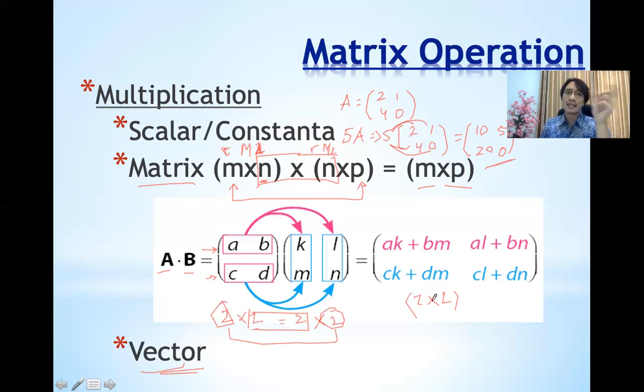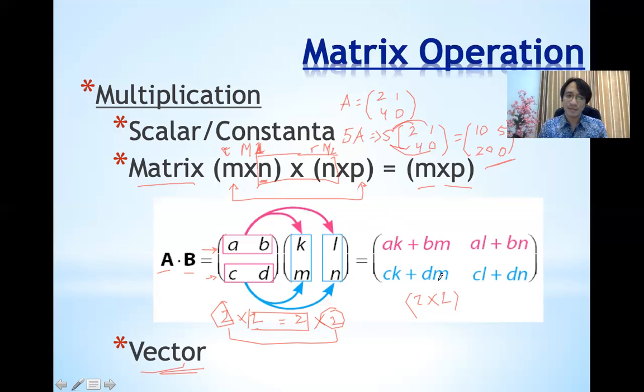Deciding the result order is very important, because sometimes matrix operation is quite tricky. If we do not do it carefully, or we have no idea about the result, it's possible to make a mistake when we multiply or add the matrix, because there are a lot of numbers and a lot of parts.